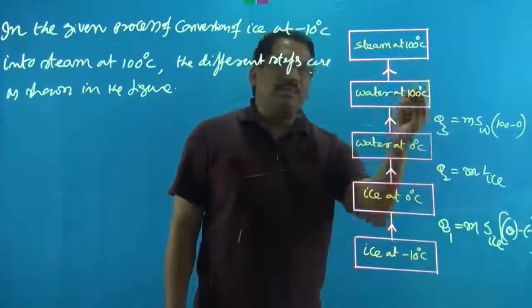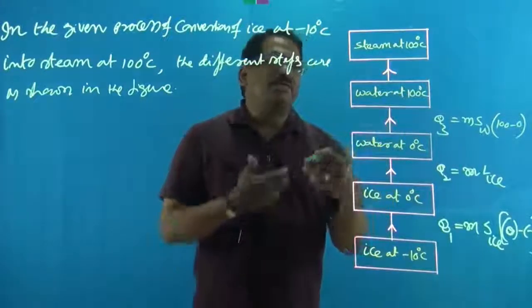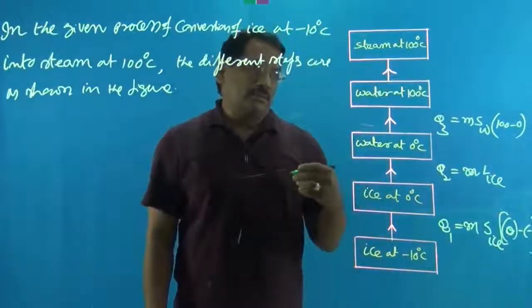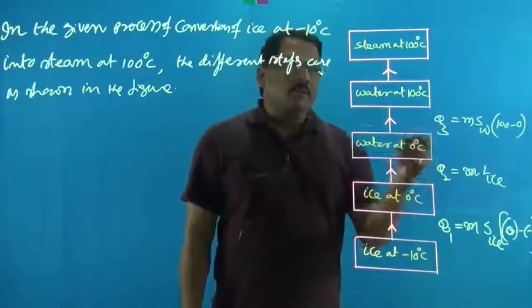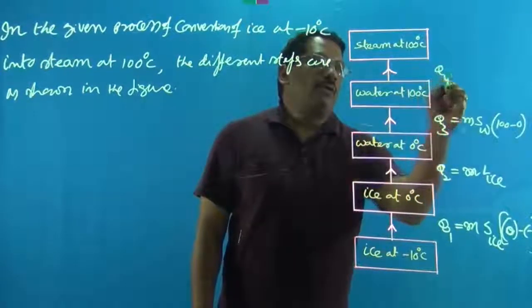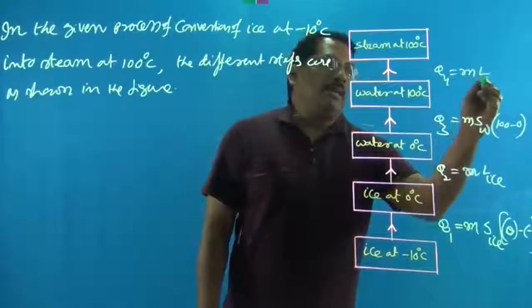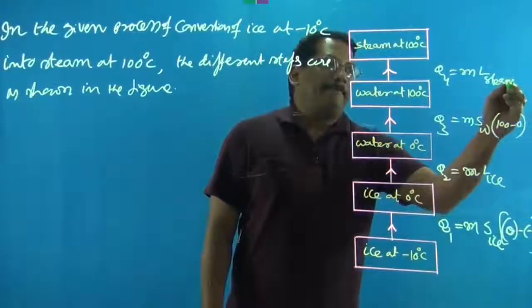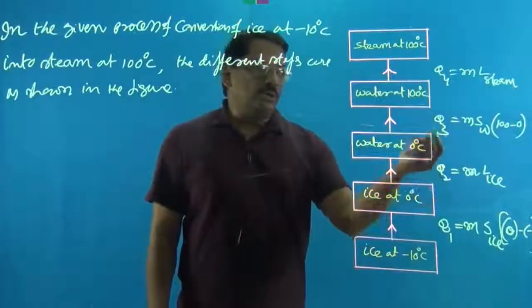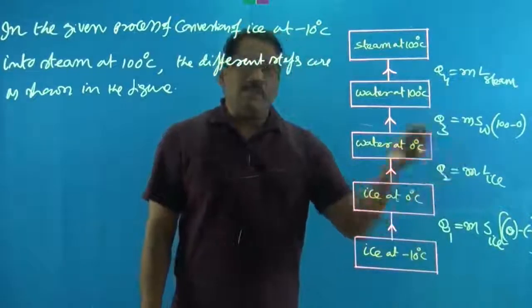This time there is no rise in temperature, but there is a change of state, that is liquid state to vapor state. And in that process the heat absorbed is latent heat. So Q4 is equal to m into latent heat of steam. So in the different stages the heats involved are Q1, Q2, Q3, Q4 respectively as shown.